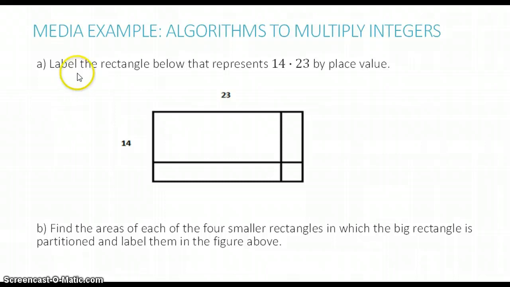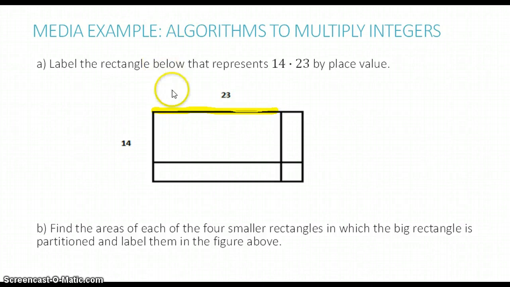First we're going to start with a picture that's similar to the example we used before. It says to label the rectangle below that represents 14 times 23 by place value. Notice I have it partitioned into 4 pieces, and this is labeled 14 and this is labeled 23. To partition by place value, let's use a highlighter.